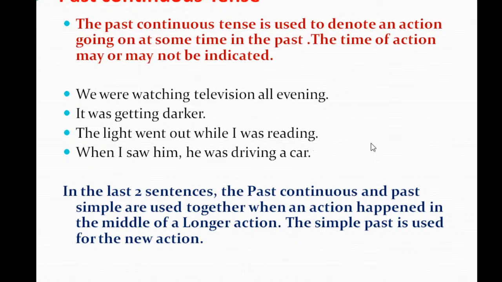So whenever you remember that there are two things that were happening, one is an older thing that was happening and one is a newer thing, both happened in the past. The older thing can be denoted in past continuous form and the new event that took place can be denoted in past simple form. Now I understand this is complicated, but this is advanced use of English.